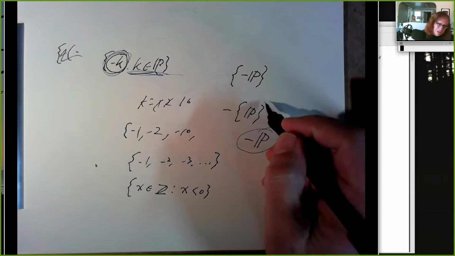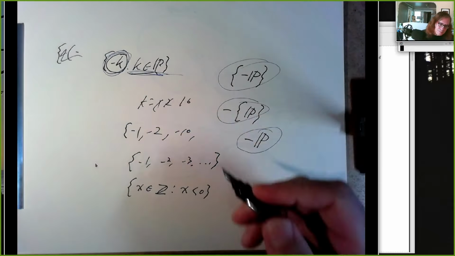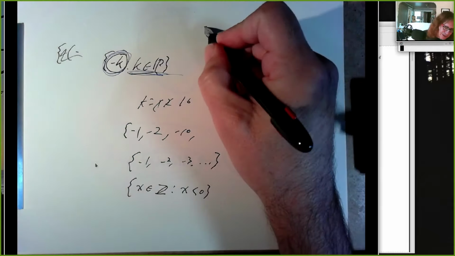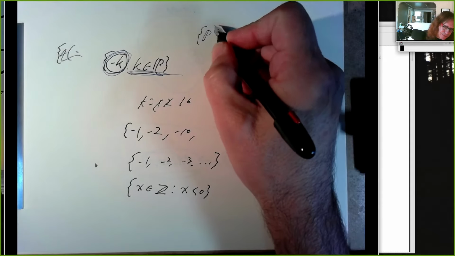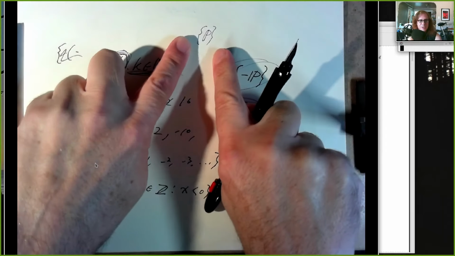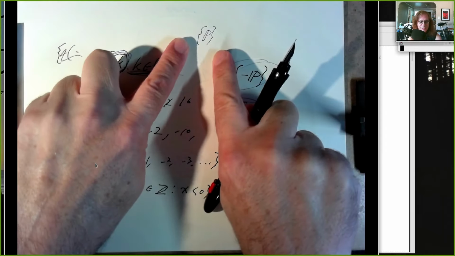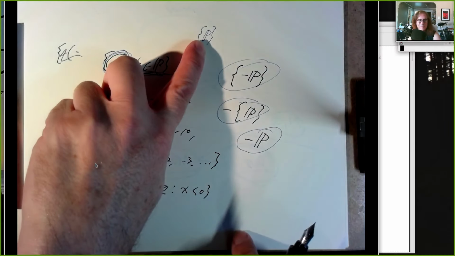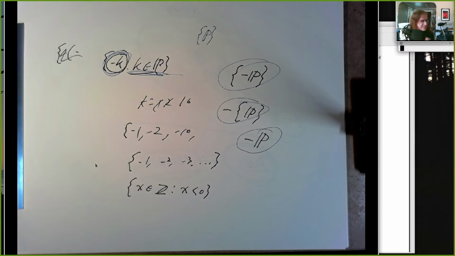Same thing with this. And this is a very strange kind of set. It's a set containing another set. This set has one element, and the one element in this set is P, the set of positive integers. So that's a totally different thing. But we can write it like that, or we can write it like that.